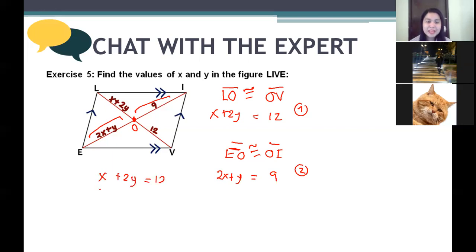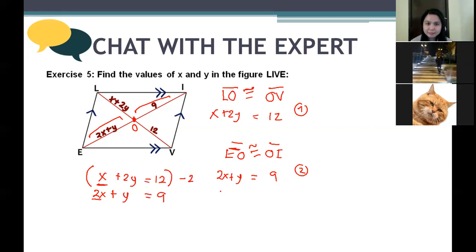Now, you need to review your substitution and elimination in grade 8. We need to solve for our x and our y. So let's start here. We need to eliminate x. And since there's 2 here, to eliminate our x on top, we need to multiply it all by -2.